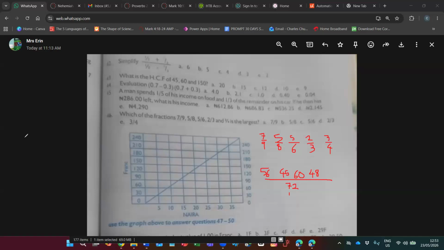It's 18, isn't it? 18 times 3 is what? 18 times 3 is 54.